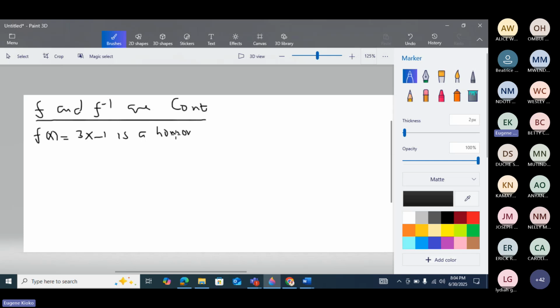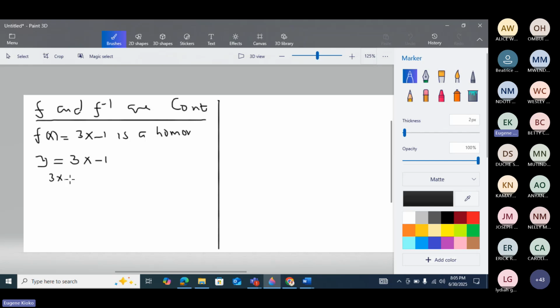So your job is to know: number 1, is f continuous. Number 2, find the inverse. Then you ask yourself, is the inverse continuous? Let us begin by finding the inverse. If you can remember from calculus, you make x the subject.